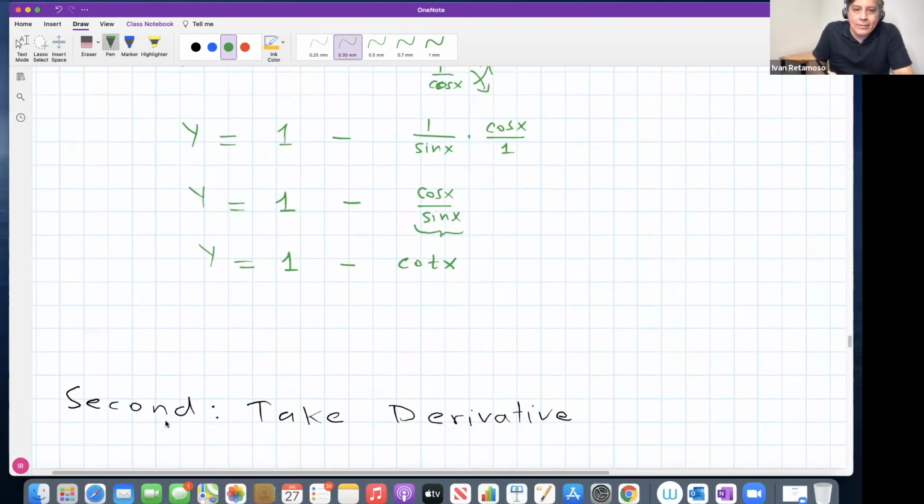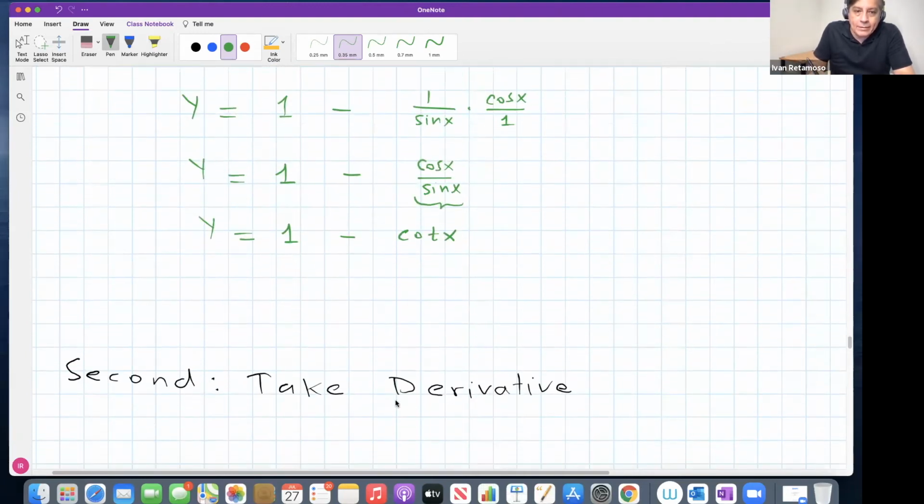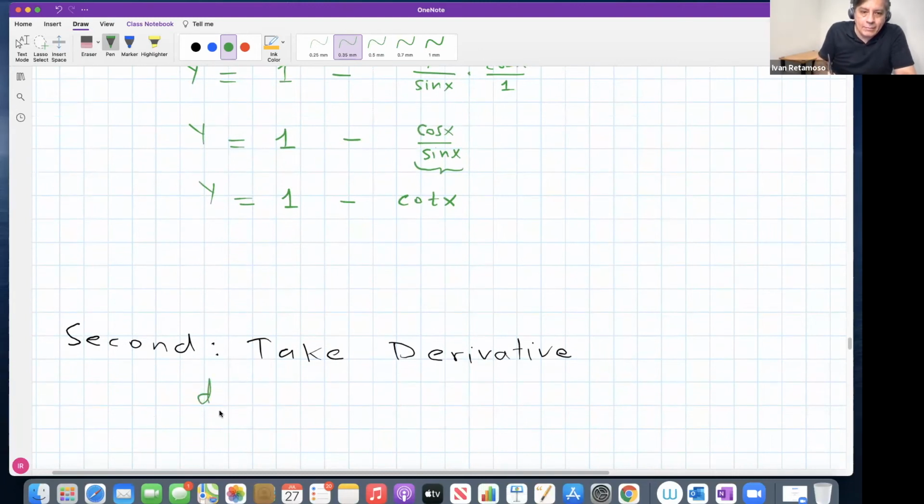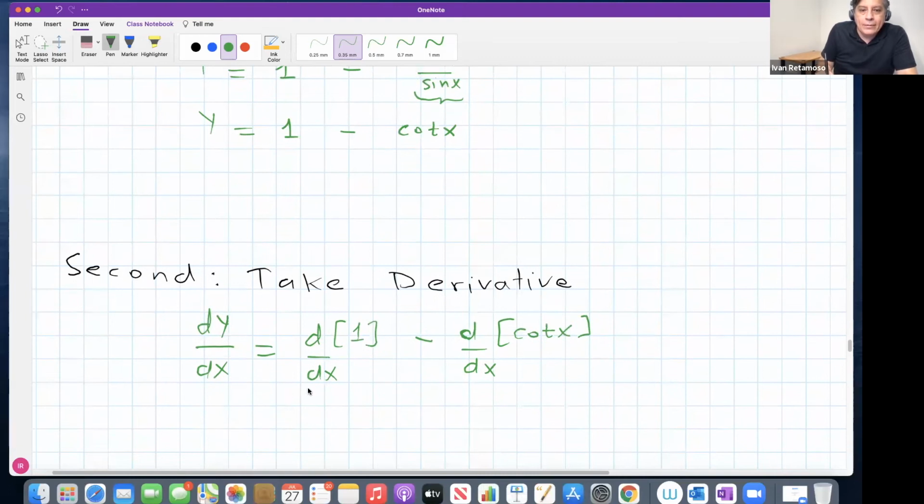Because now, second, it says take the derivative. When you take the derivative, notice the derivative of y with respect to x will be just equal to the derivative of this part, a constant function with respect to x, minus the derivative of cotangent of x, which I know what it is. So this guy, 0 minus this guy, the derivative of cotangent is minus cosecant square of x.